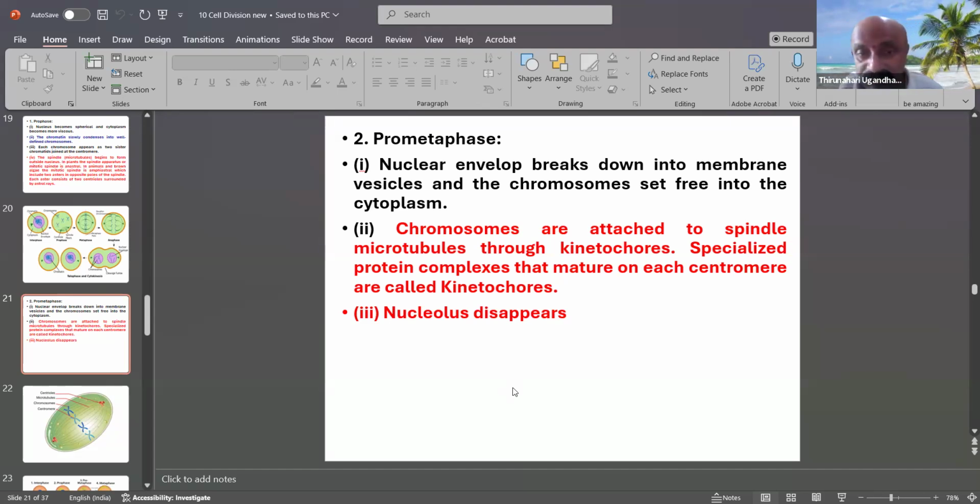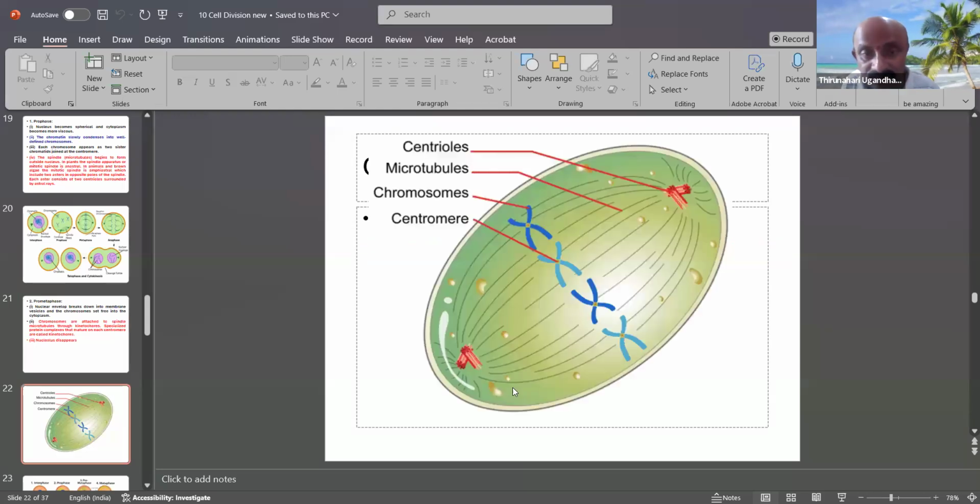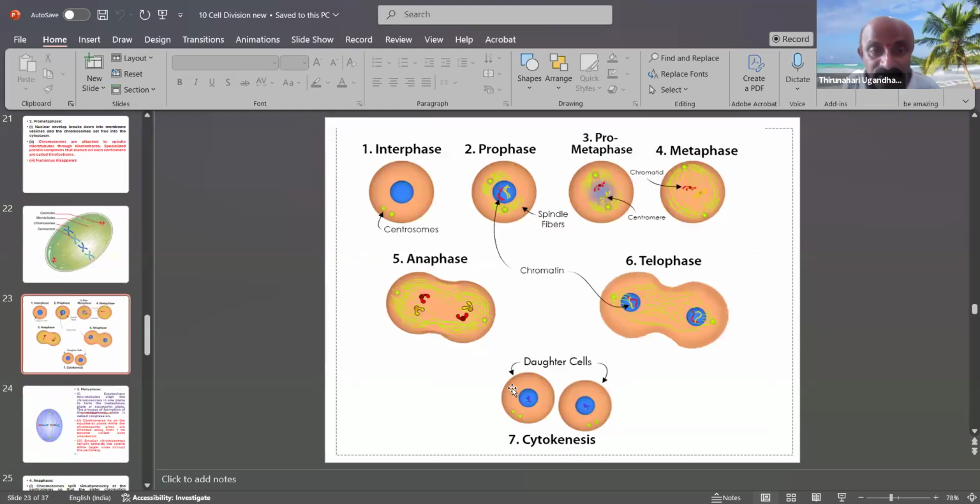So the stages are prophase, prometaphase, metaphase, anaphase, and telophase, six stages involved in mitosis.